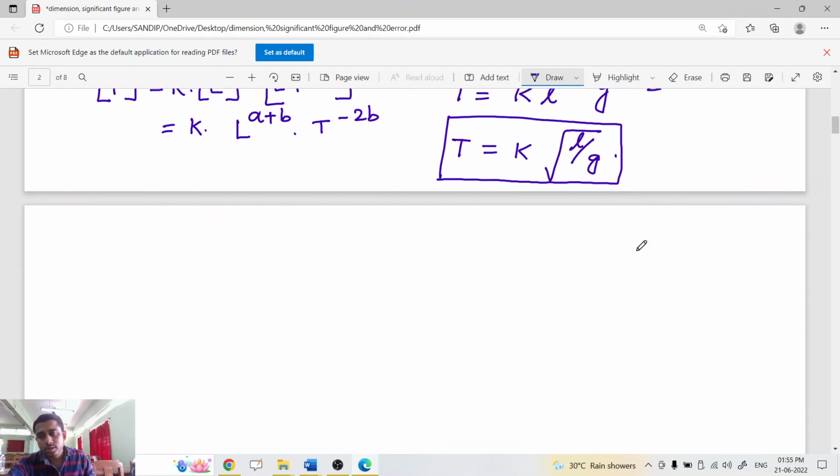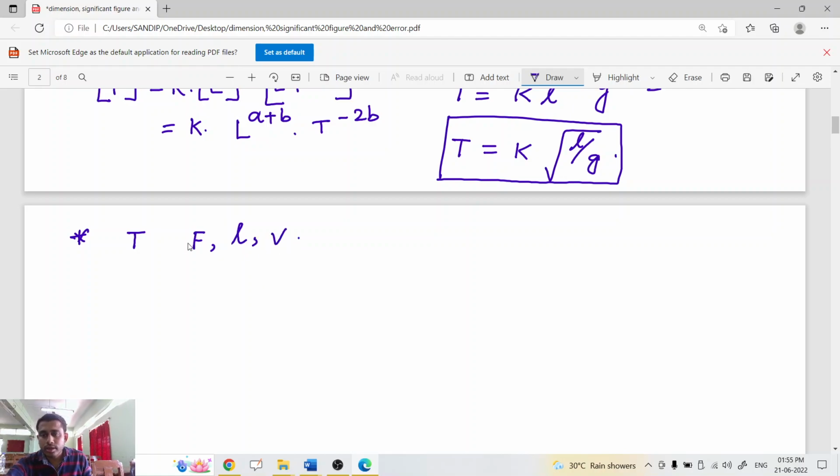Suppose now we take one simple example, like we find out T in terms of F and l, and you can take v also.